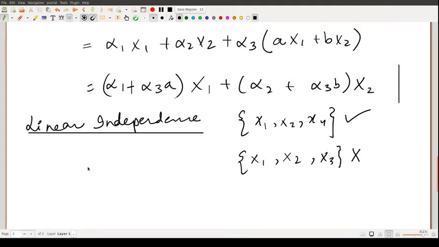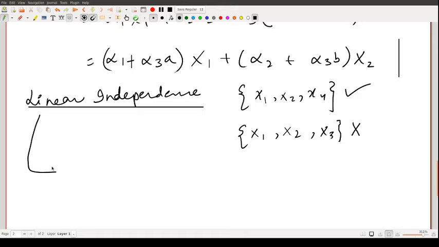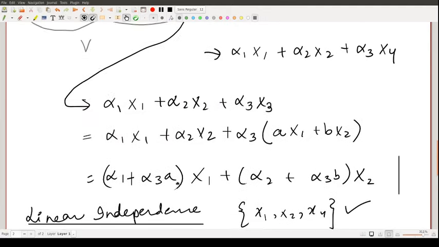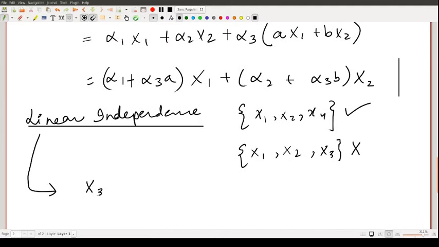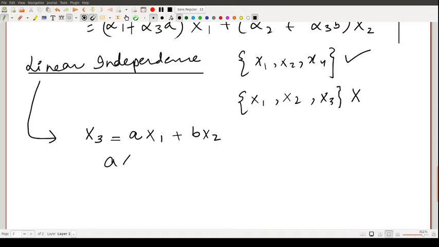And that's where linear independence comes in. And so notice, if you recall, you check whether they are linearly independent or not by doing the following. If you have x3 as simply a x1 plus b x2, that is x3 is already part of that subspace, then you have a x1 plus b x2 minus x3 equals 0.